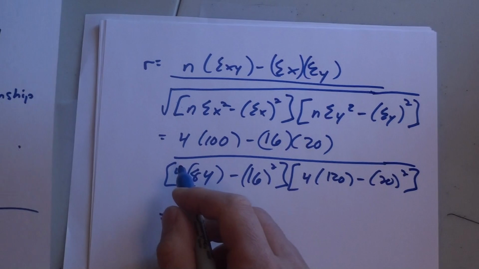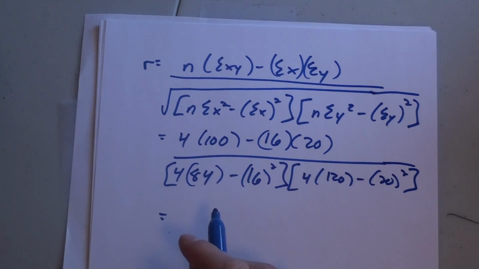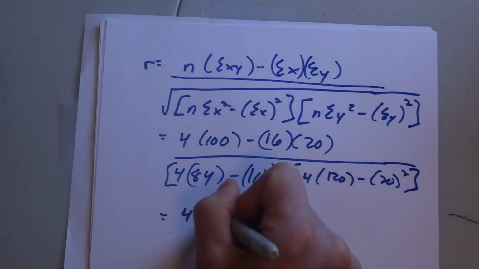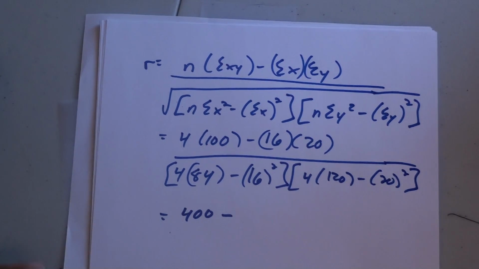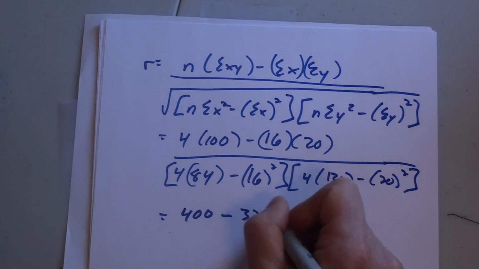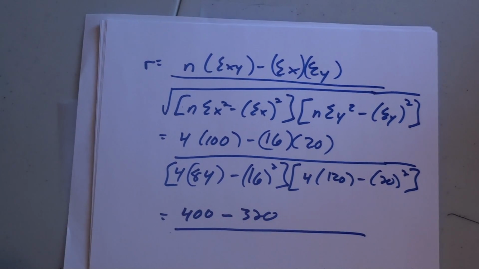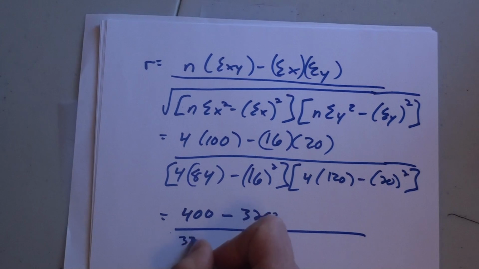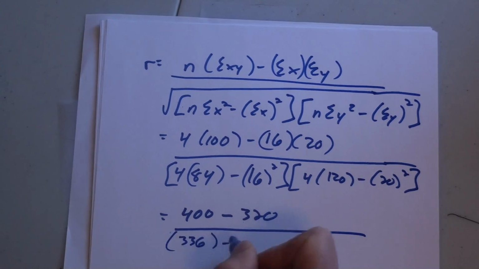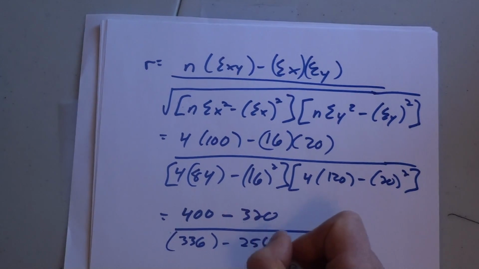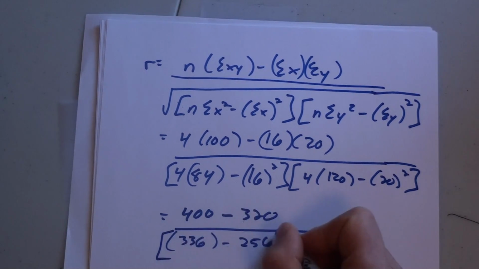Okay, so then I want to have 400 minus, and then I want to have 16 times 20, which is 320. Okay, all over 4 times 84, which is 336, subtract 16 squared, which is 256. That's all in brackets.